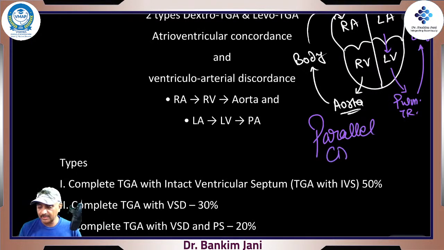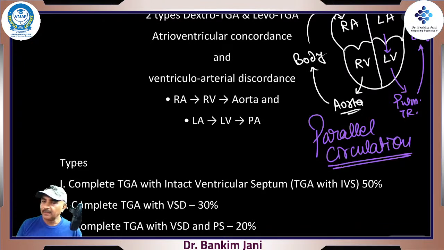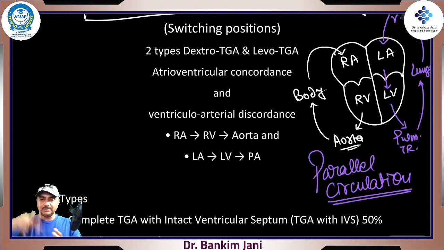Parallel circulation. This condition is such that it is impossible to survive, because the body won't be getting any oxygen. One group of blood is circulating into the aorta, that is the systemic circulation, and the second into the pulmonary circulation. They both will be completely separate, and this is what really happens.